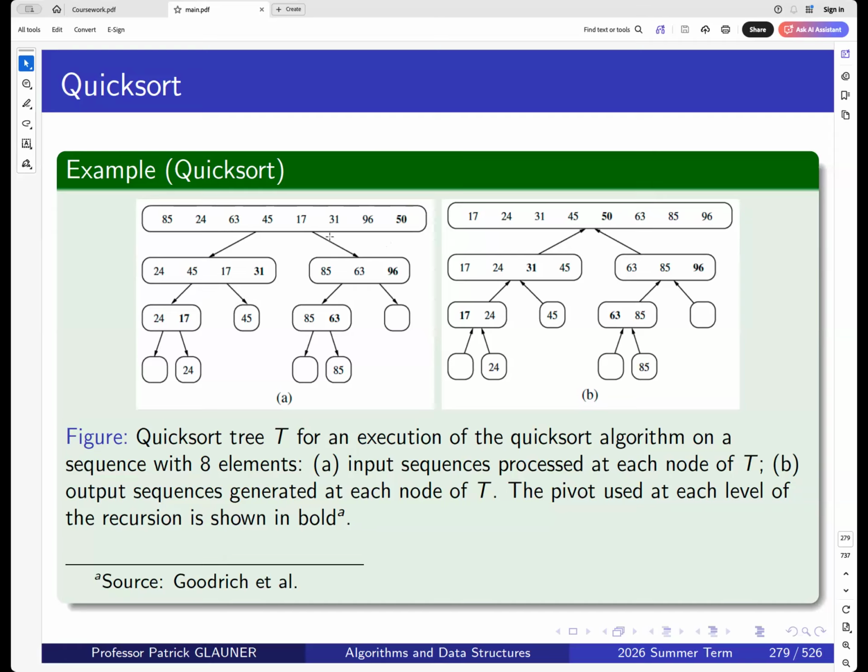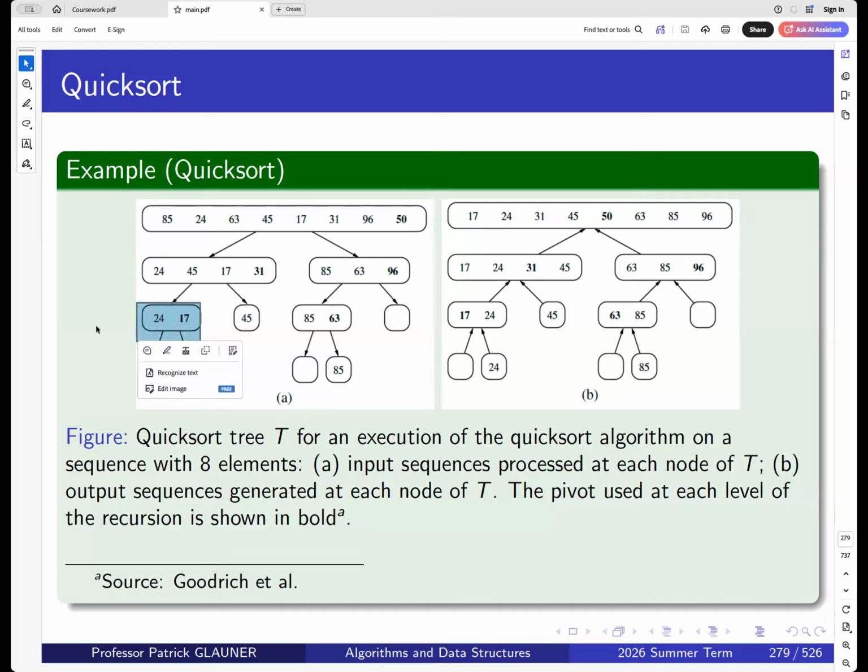And then the entries that are smaller than the pivot are 24, 45, 17, 31. And greater than the pivot are 85, 63, and 96. So we have a left sublist and a right sublist. And in here, we again always pick the rightmost element as the pivot. So 24 is smaller than the pivot and 17, and the 45 is greater than the pivot.